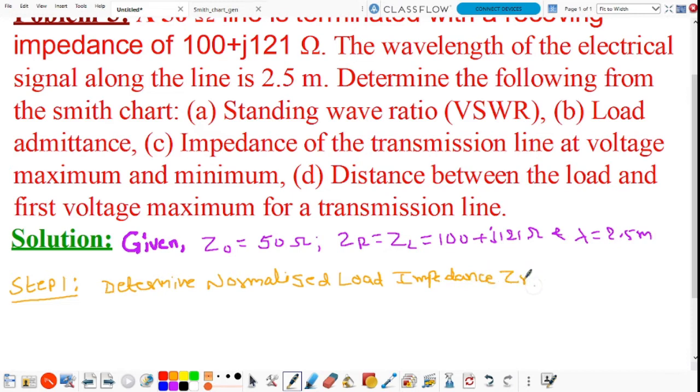We know that the normalized load impedance z_r is equal to the load impedance divided by the characteristic impedance, ZR by Z0.